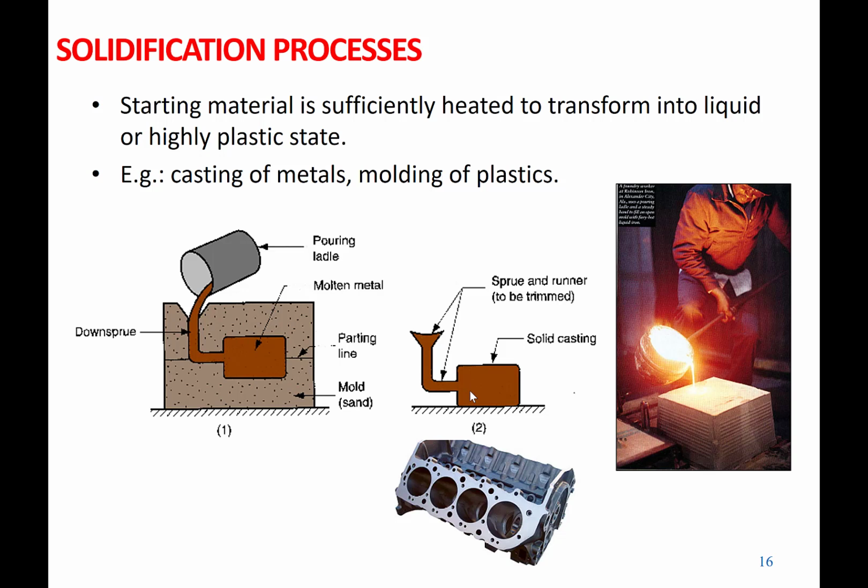When material is used in powder form, it is selective laser sintering, and when it is used in sheet form, laminated objects are made using this regenerative type process. And when material is used in wire form, like fused deposition in 3D printing, then 3D printers are used for making the products. So these are the processes.